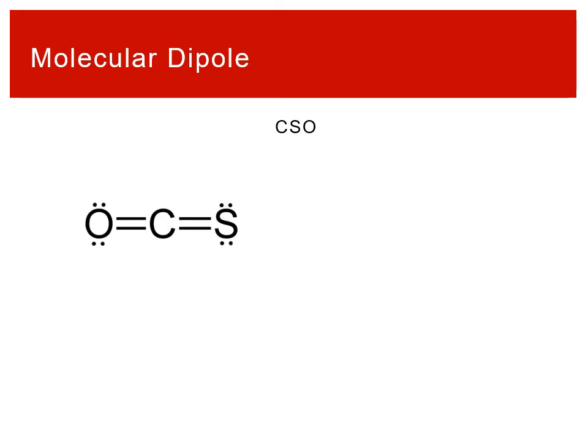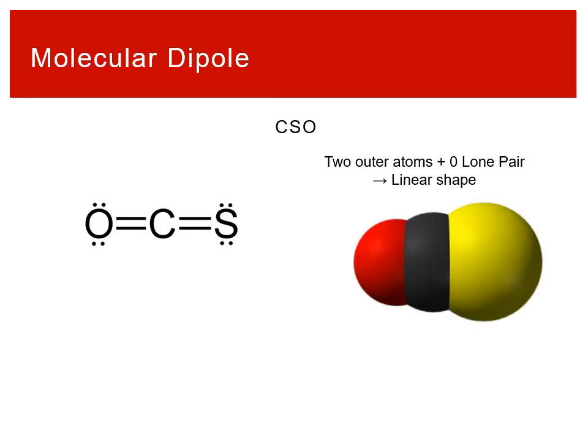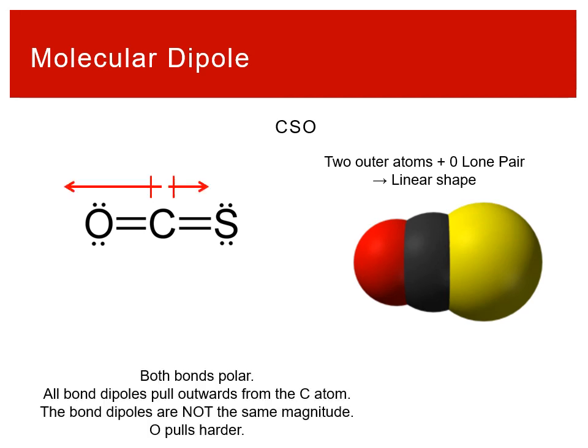COS, here's my Lewis structure for COS. 2 outer atoms, 0 lone pairs. This is a linear molecule, so the Lewis structure was already written as the 3D shape. When I go to add in the bond dipoles, they're both polar. Oxygen is more electronegative than carbon. Sulfur is also more electronegative than carbon. But importantly, sulfur is not as electronegative as oxygen. And so both bonds are polar and they're both pulling outwards. But importantly, they are not pulling with the same magnitude.